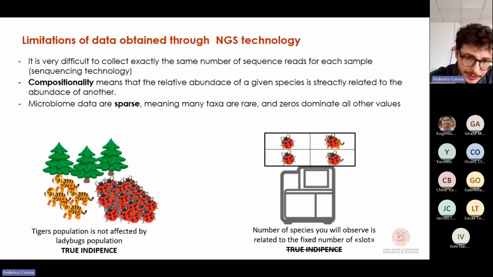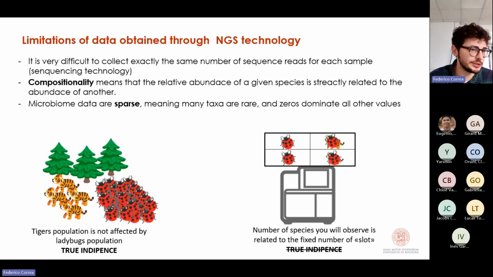Okay. Another big problem that we have right now with this technology is that we have a limited number of sequences that we can produce. But also the number of sequences that are produced per sample is different. Even though we try to load the exact same quantity of DNA in the sequencing machine, at the end we will have samples with different numbers of sequences.